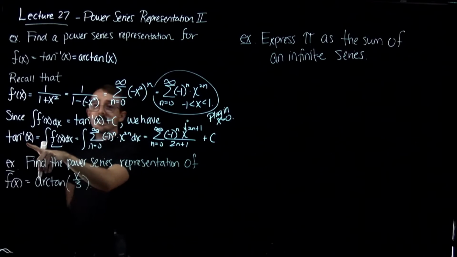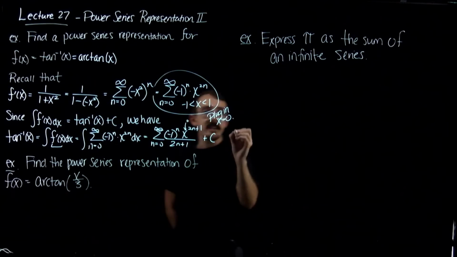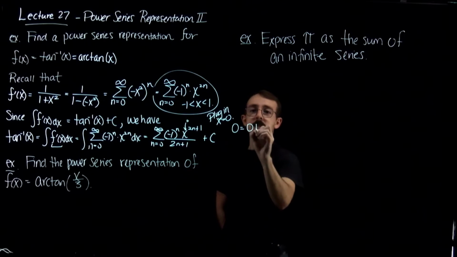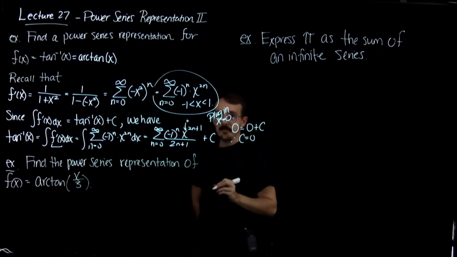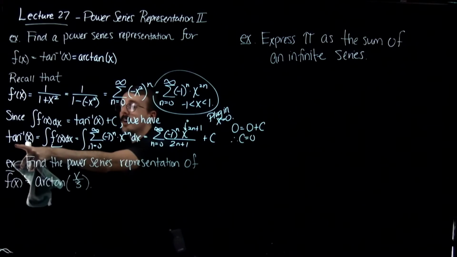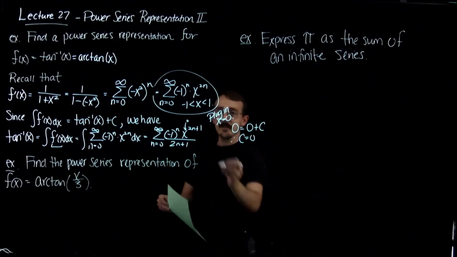And over here, arctangent of 0 is 0 as well. So I get the left side is 0 equals 0 plus c. This just lets me know that c is 0. So what I could really write here is just that arctangent of x is this series right here, because c is 0.